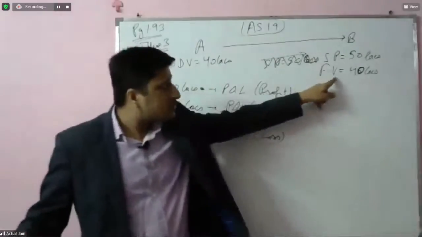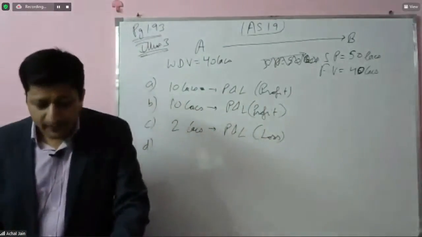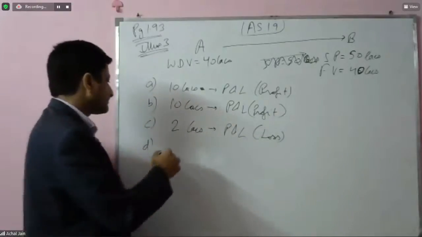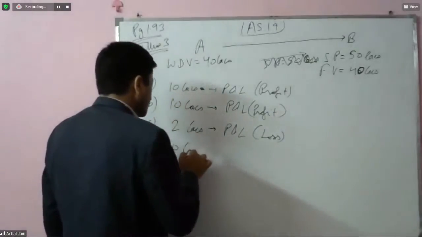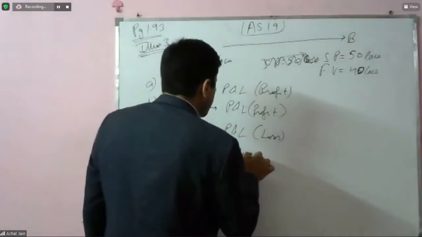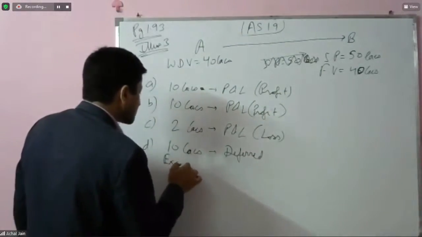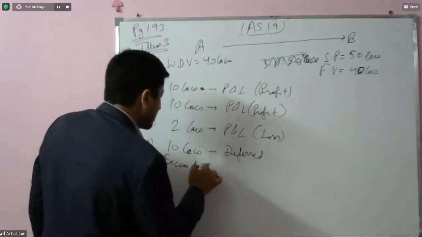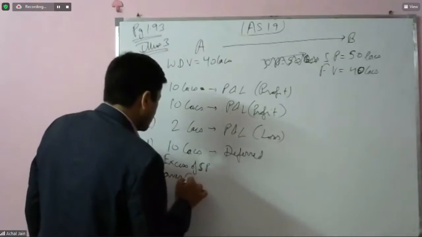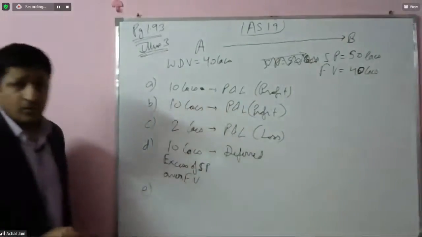By chance, that is also 10 lakhs. So this 10 lakhs needs to be deferred and amortized over the lease period. This is deferred. And please remember, this is excess of selling price over fair value.